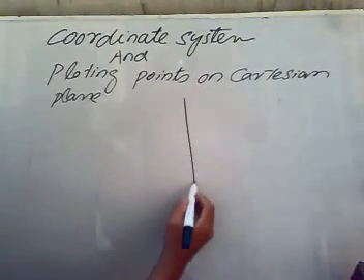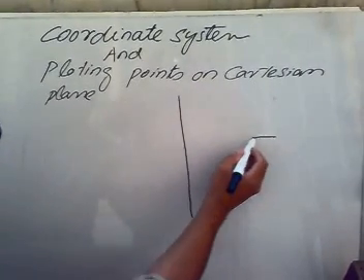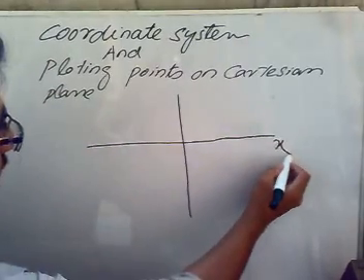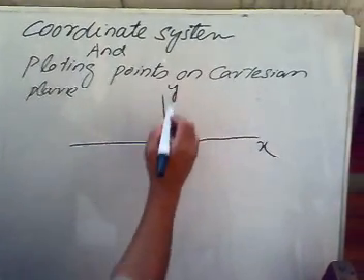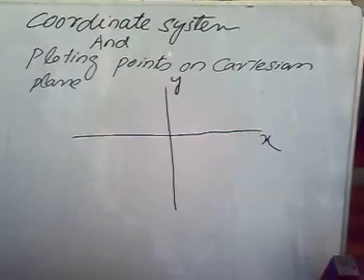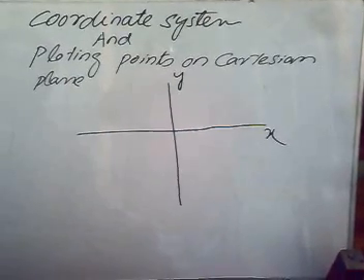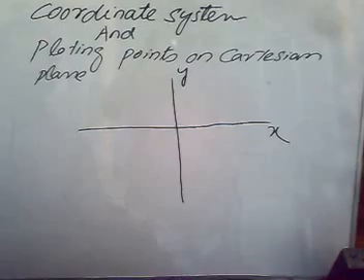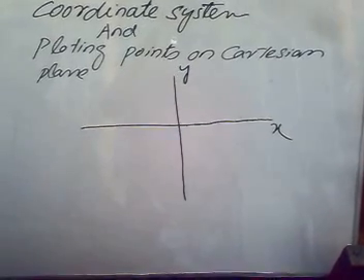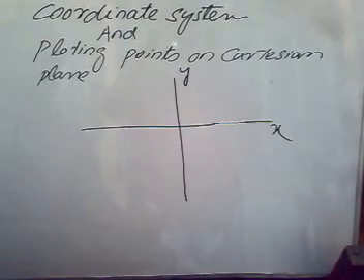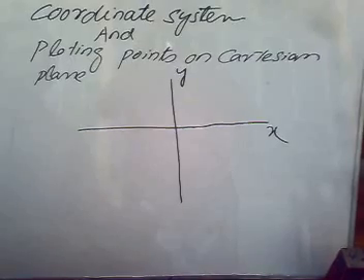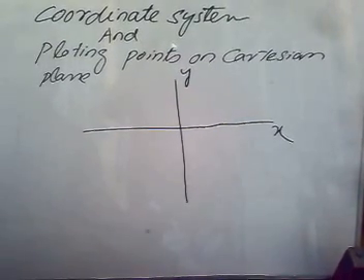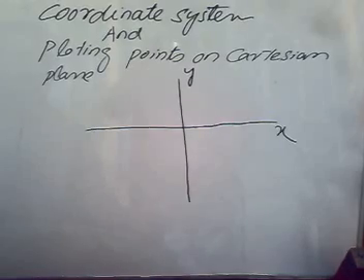Actually it consists of two perpendicular axes. One is the x-axis and the other is the y-axis, and it has different signs in different directions. To understand it, it is sometimes useful to remember that the right hand is the good hand and the left hand is the bad hand.